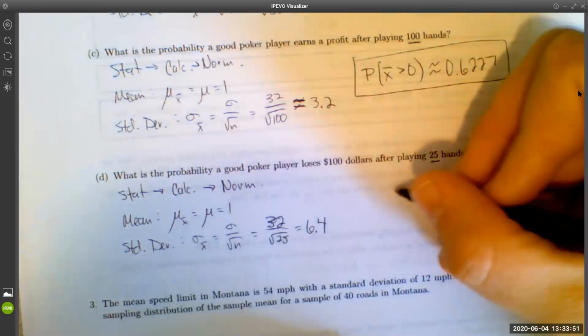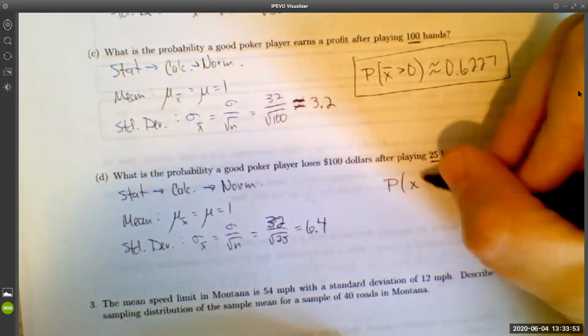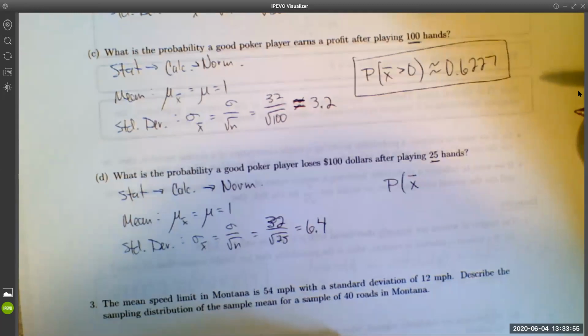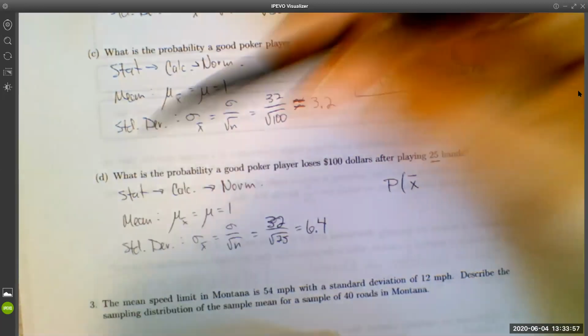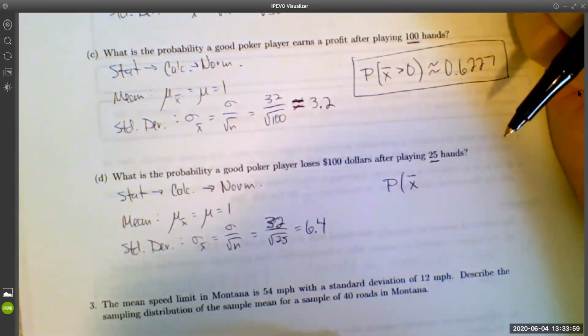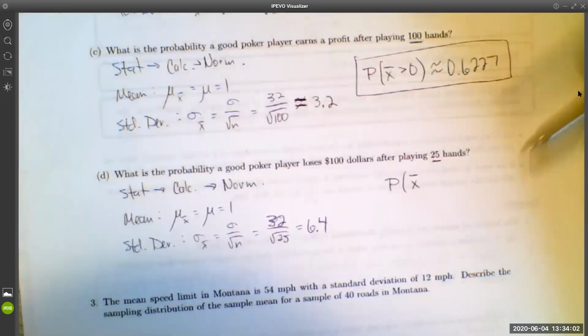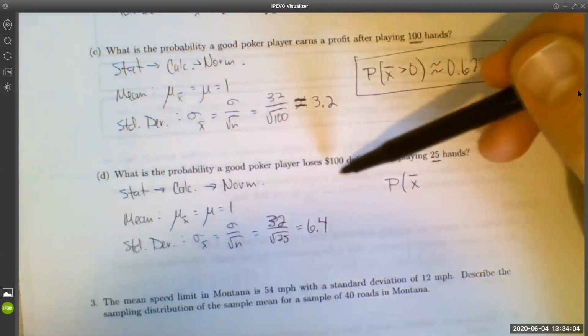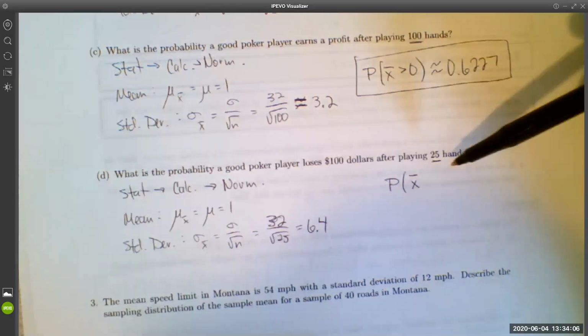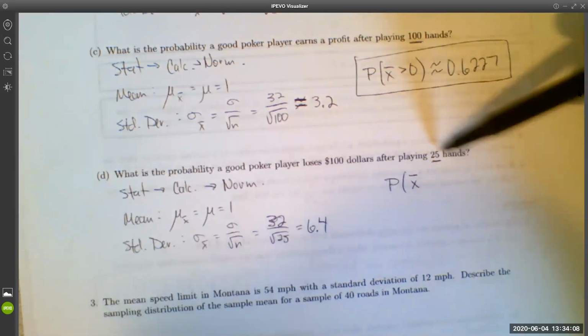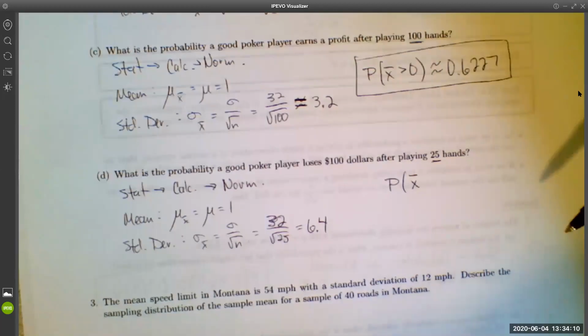Now, figuring out what probability to compute is a little tricky here. We want to know what's the probability that they lose $100. If they lose $100 in total, then that means on average for the 25 games that they played, they lost $4 on each hand.